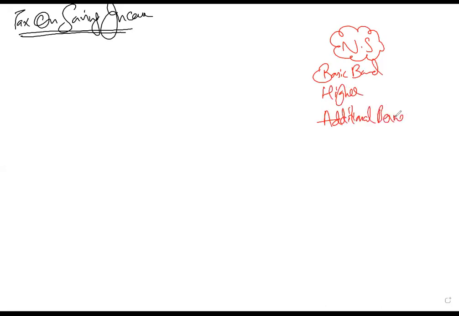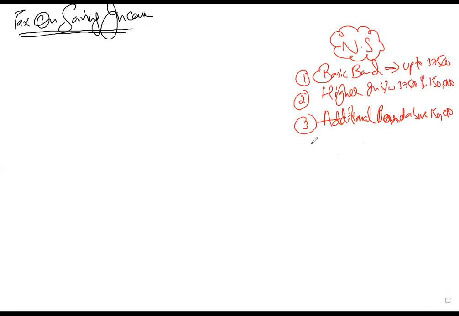We are aware that there are three bands in non-savings, and we know the limits: up to 37,500 is the basic band, above 150,000 is the additional band, and in between 37,500 and 150,000 falls under the higher band. This is what we learned for non-savings.